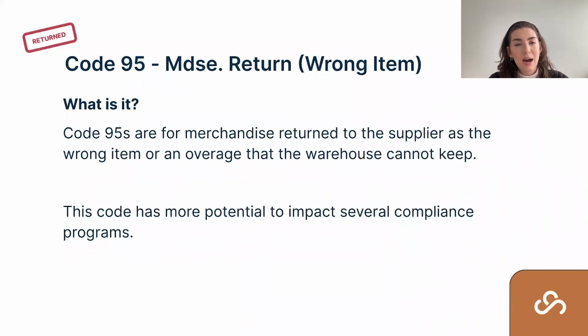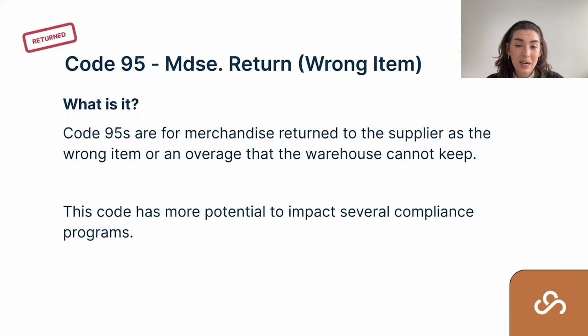All right, now we're almost to the tail end of going through the return codes. Code 95 is a merchandise return for wrong item. So when the merchandise was returned to the supplier as the wrong item or an overage that the warehouse cannot keep. I spoke to how code 94 can cause a lot of issues.